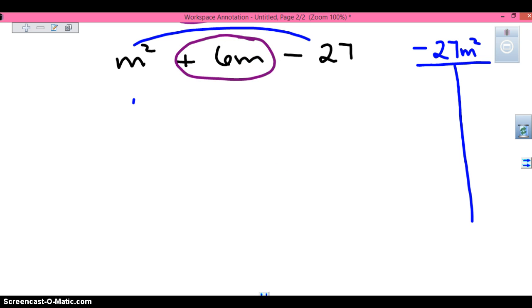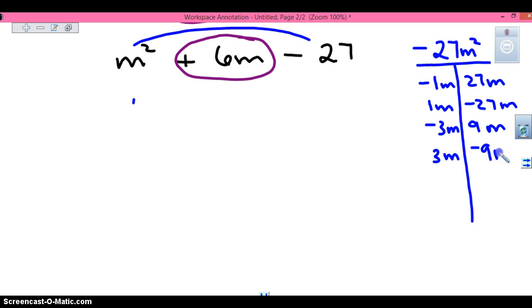So the factors of negative 27m squared could be negative 1m and 27m, or 1m and negative 27m. It could be negative 3m and positive 9m, or 3m and negative 9m.